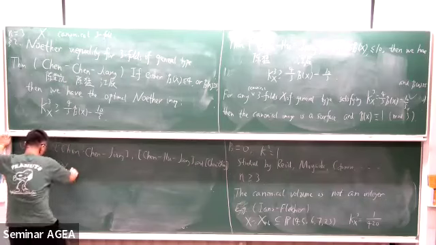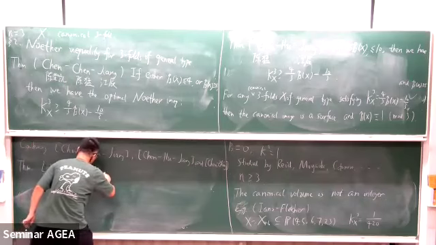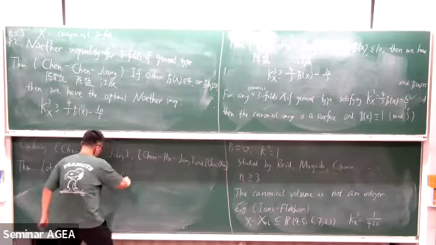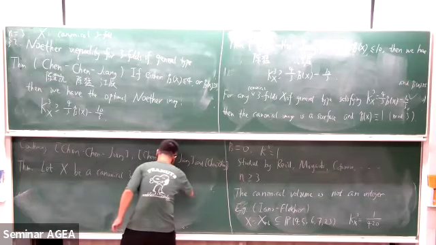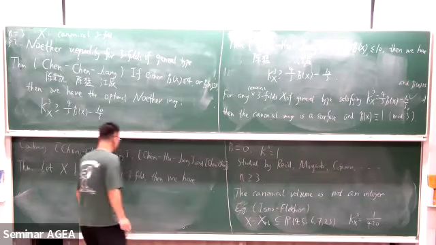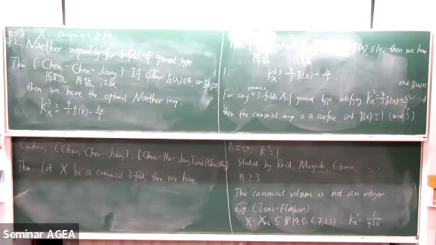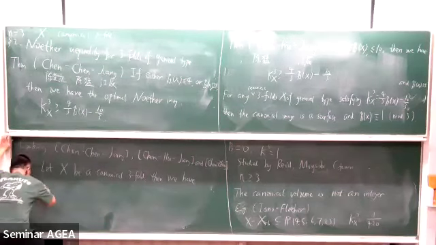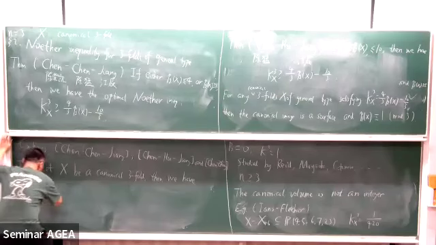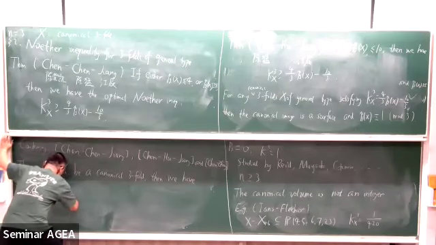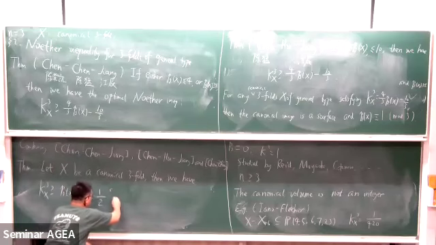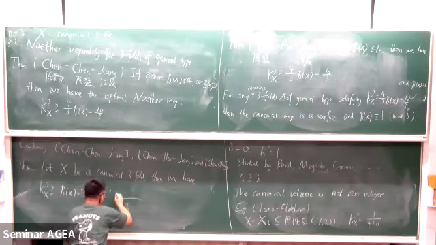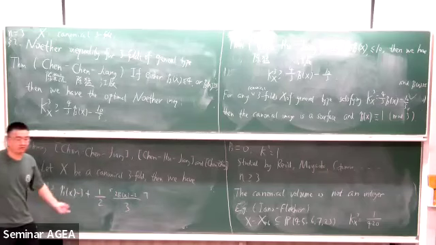Let X be a canonical threefold. Then we have what we call the refined Noether inequality. The canonical volume is larger than or equal to Pg minus 3 plus the round up of (2Pg minus 2)/3.